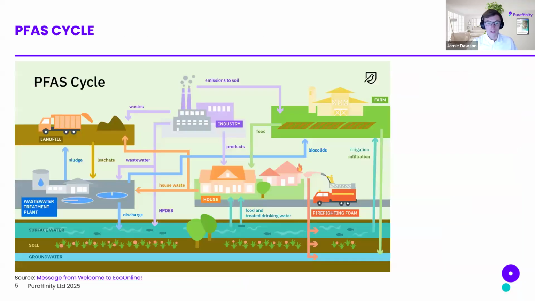So before covering off some of our pilots, how does PFAS actually get into these sites? It can come from industrial sites that manufacture or use PFAS in their manufacturing and then discharge into sewers or directly into surface water. It can be from landfills, which receive a whole range of PFAS-contaminated waste from industry and our own households, concentrating up in the collection ponds when it rains and again entering municipal waste sites.